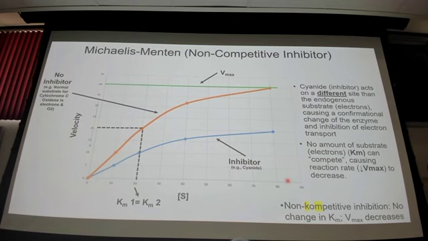So what you see in this case is a drop in Vmax. The electron concentration can be the same, and it can still bind, but the reaction is still not going to occur because the inhibitor has distorted the active site.